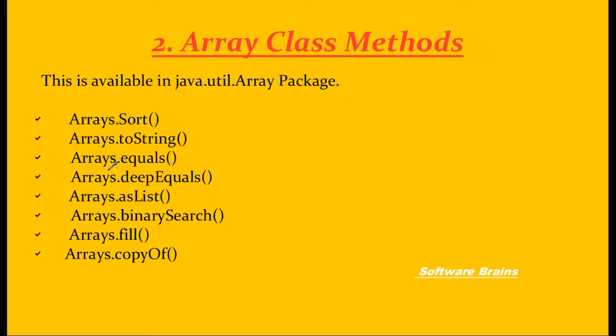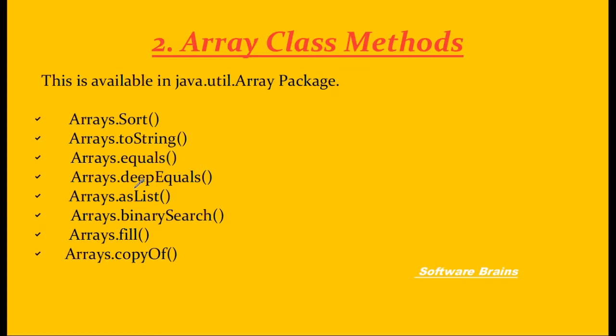The next method is Arrays.equals. This is also one of the important methods that we are going to use most often, and it is going to save us a lot of time. Arrays.equals compares two arrays. It takes the two arrays you give, array1 and array2, and returns true if those arrays are equal, else it returns false.